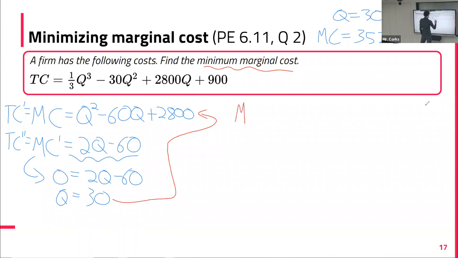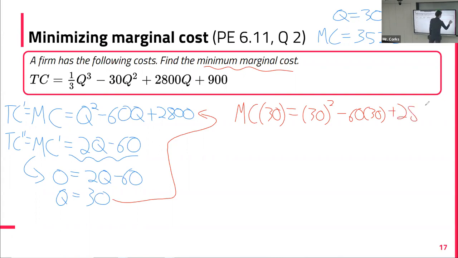So marginal cost when Q is equal to 30 will be Q squared plus 60 times 30. Yes, you're right, thank you. Minus and plus 800.